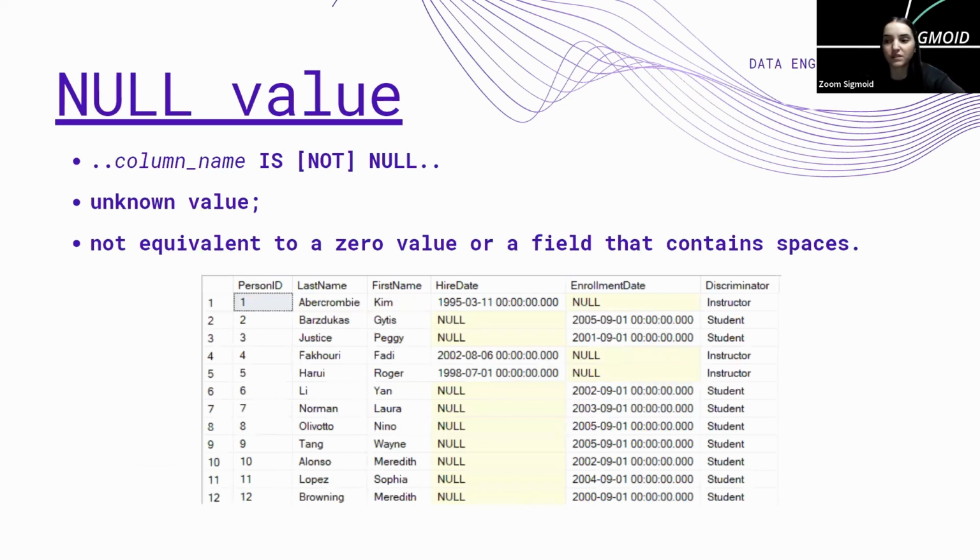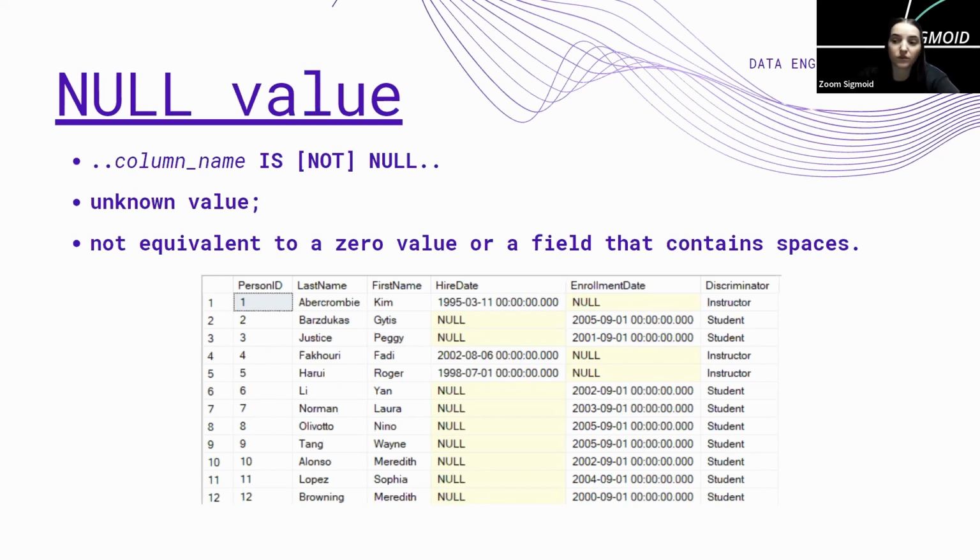If we widen this theoretical explanation, the null value points to an unknown value, but this unknown value is not equivalent to 0 or a field that contains spaces. Due to the structure of null values, it is not possible to use traditional comparison operators like equal, less, greater, and not equal in the queries.